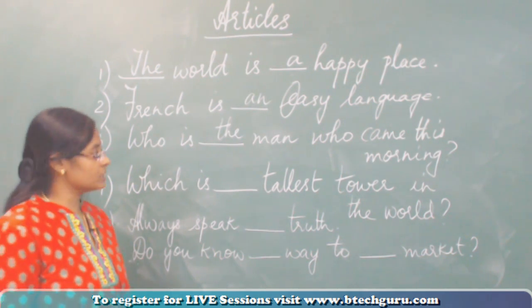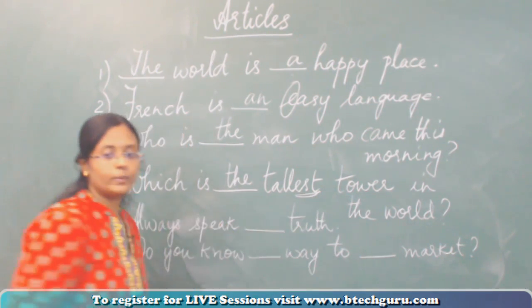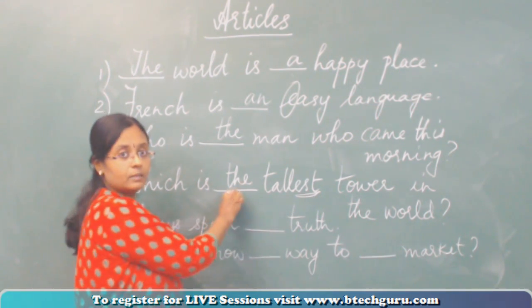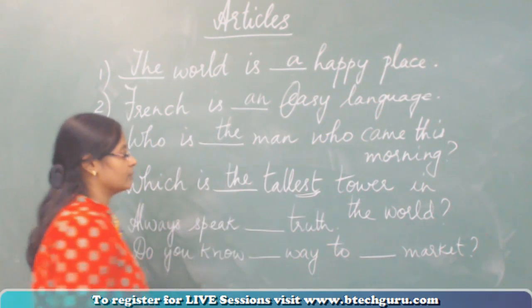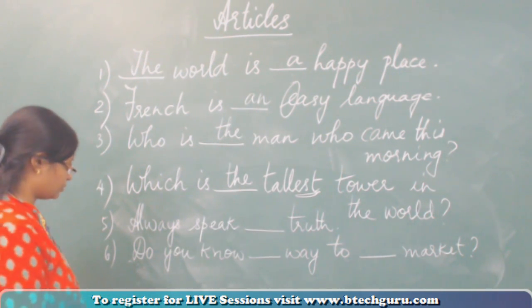Which is the tallest tower? That's right, but why? Because we have the superlative degree and it is a rule to use the definite article the before the superlative degree. Okay. Number 5. Oh.